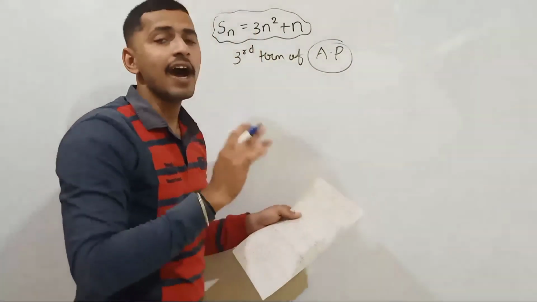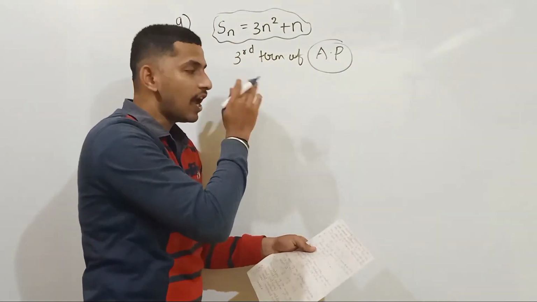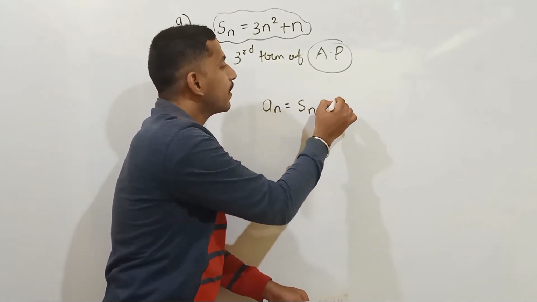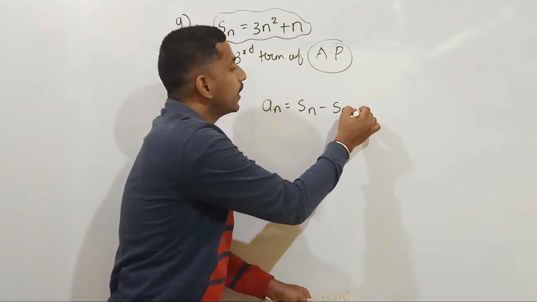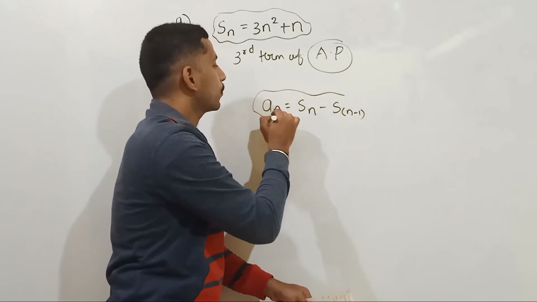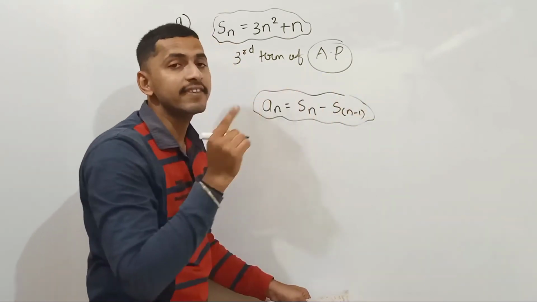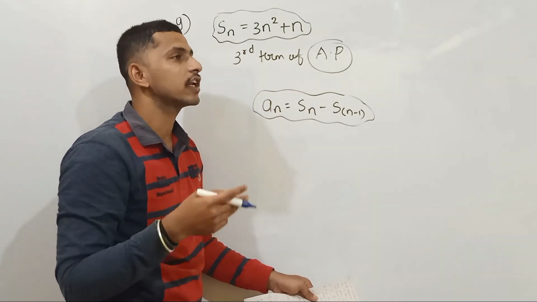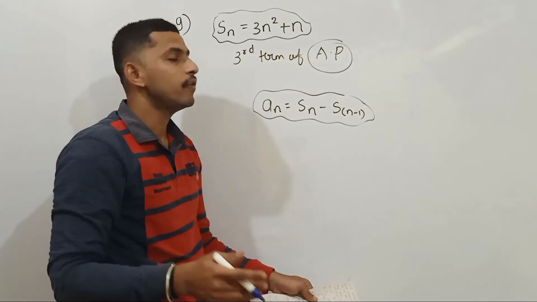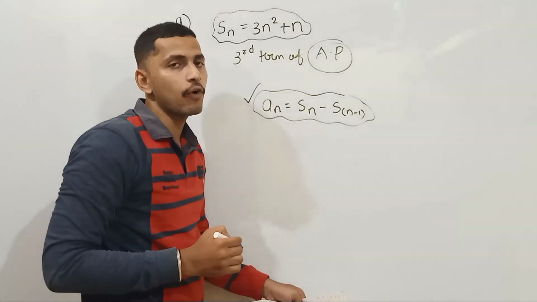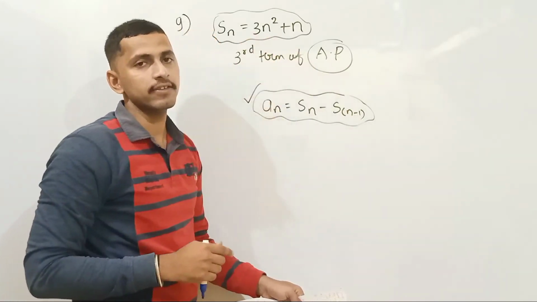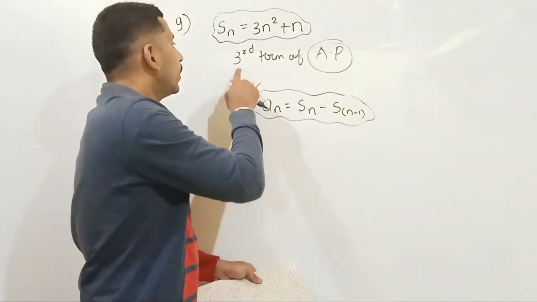When they ask this type of question, we have one formula, that is a_n is equal to S_n minus S_(n minus 1). Please remember this formula. When S_n is given and we are asked to find the third term, fourth term, fifth term, whatever it is, we have to use this formula, a_n is equal to S_n minus S_(n minus 1). Here we are asked to find the value of the third term.